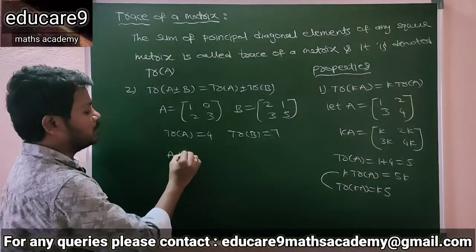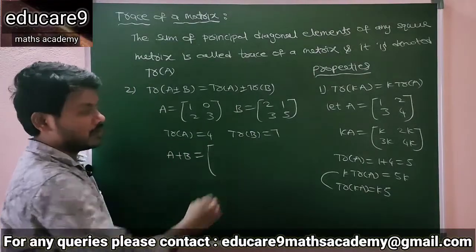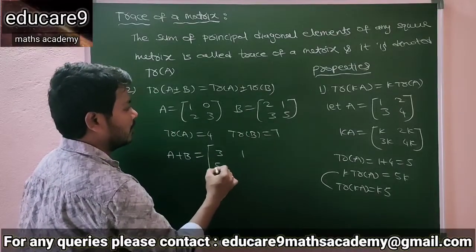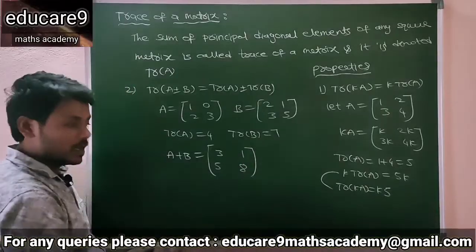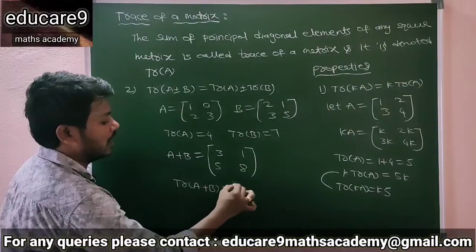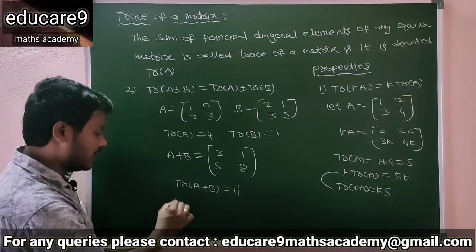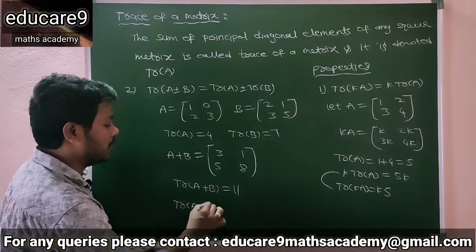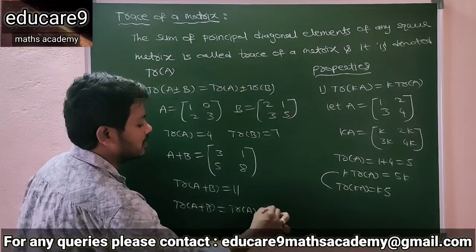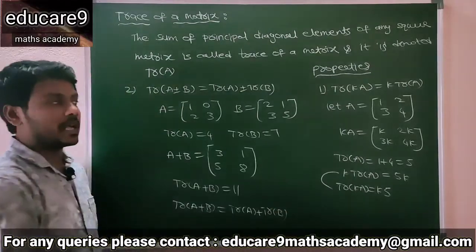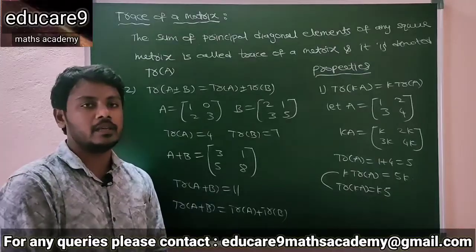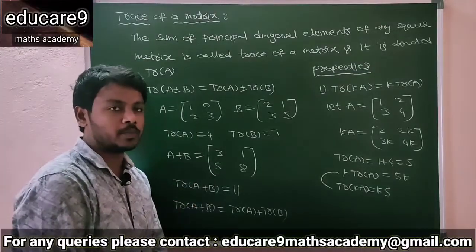Find A plus B. What do you get? 3, 1, 5, 8. So clearly trace of A plus B is 11. So trace of A plus B is equal to trace of A plus trace of B. Similarly, trace of A minus B is equal to trace of A minus trace of B. So this is property number 2.